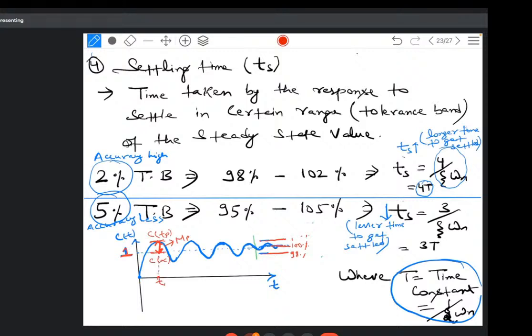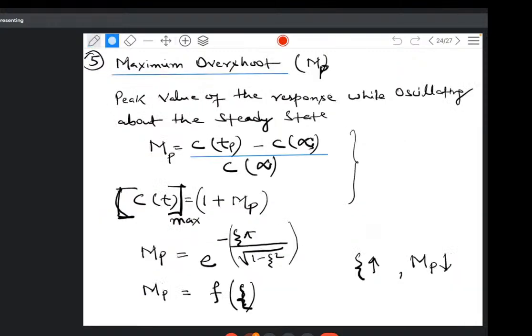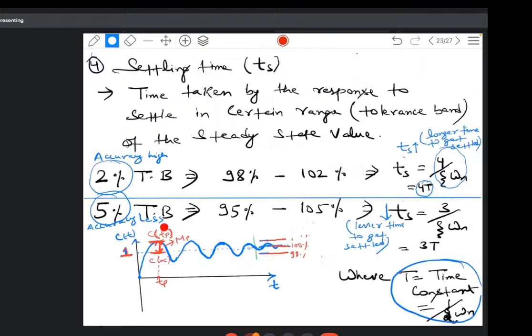So the response at this particular time is written as C of TP, and the response here is written as C of infinity. So percentage maximum overshoot is written as C of TP minus C of infinity divided by C of infinity. So this will give you the overshoot or the percentage overshoot. If you are writing percentage, you have to multiply by 100.